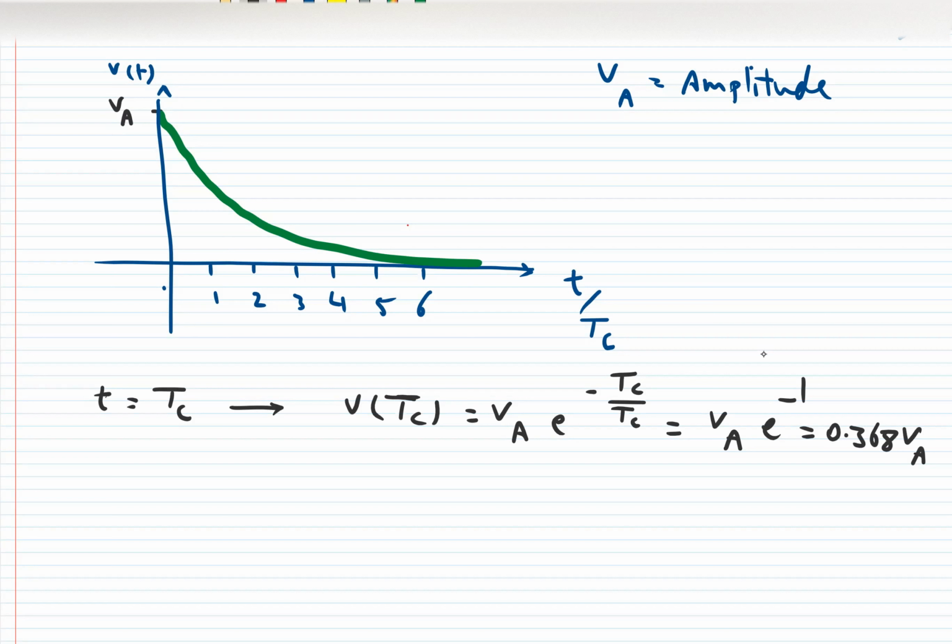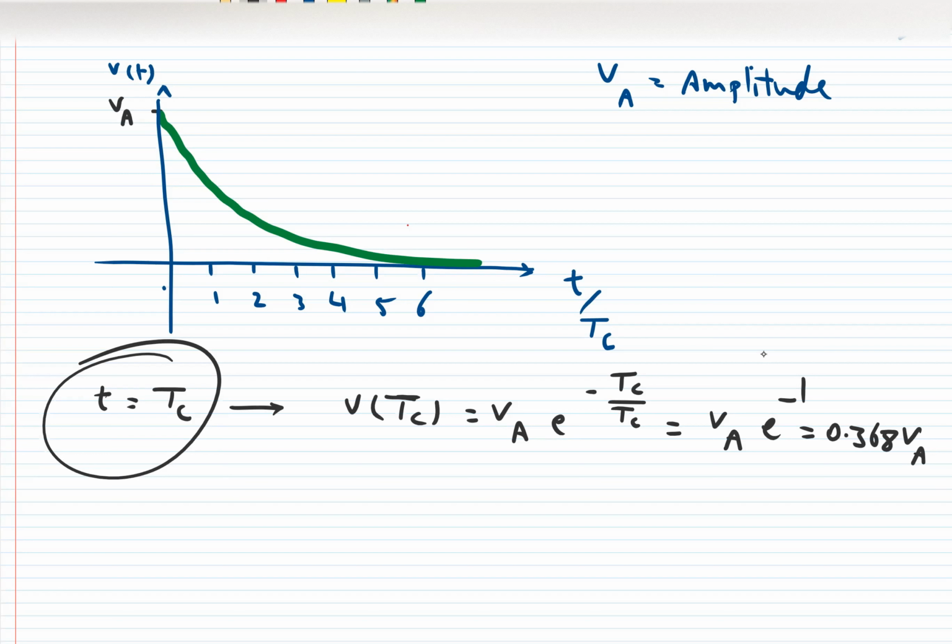So it shows that an exponential function decays to about 36.8% of its initial value in one time constant. So if t is equal to one time constant, the function will decay about 36%.